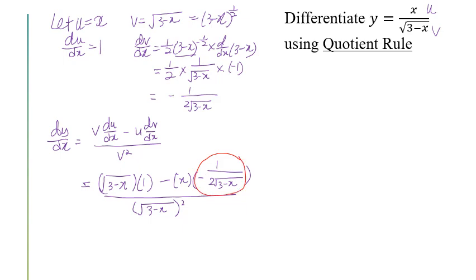And then you zoom into the denominator. The denominator is this. So all you need to do is just multiply every term at the numerator with 2 square root of 3 minus x. And of course, also at your denominator.